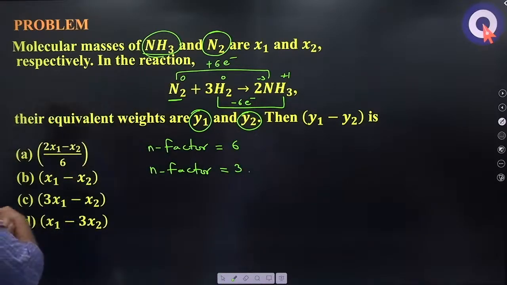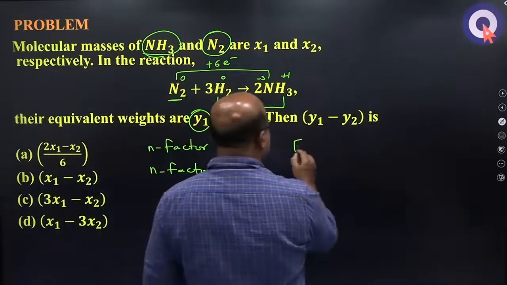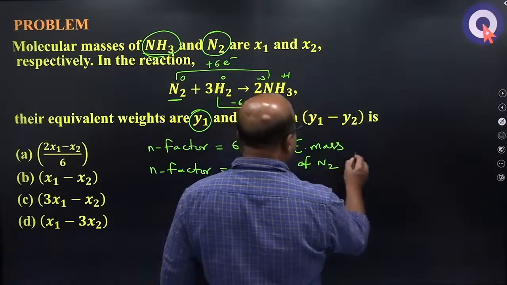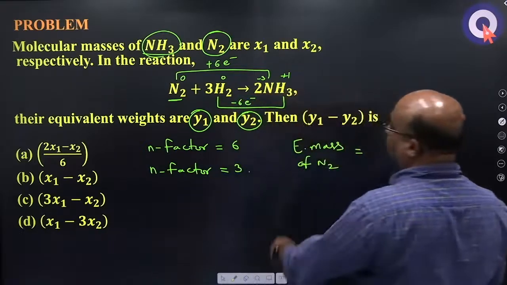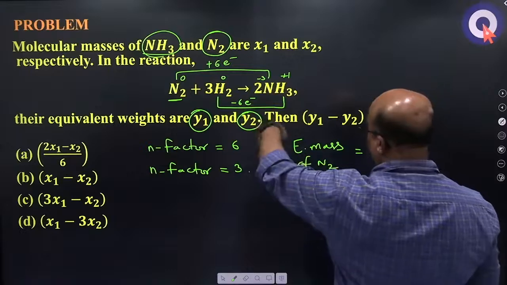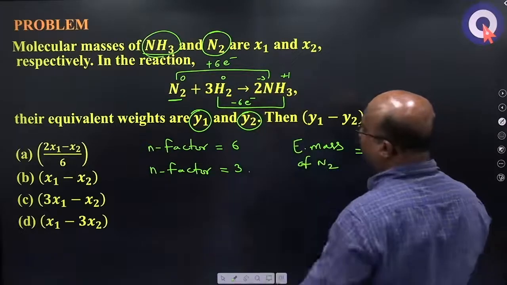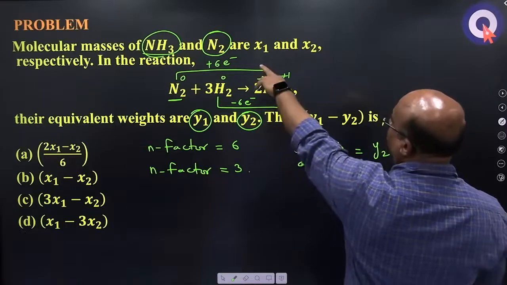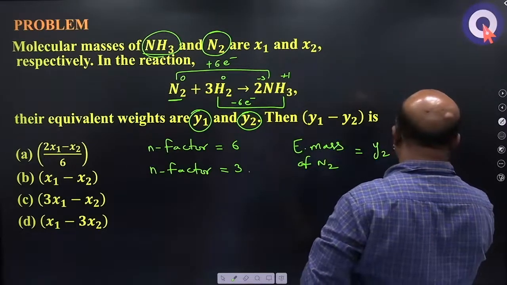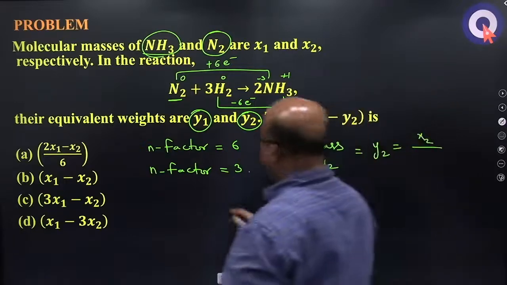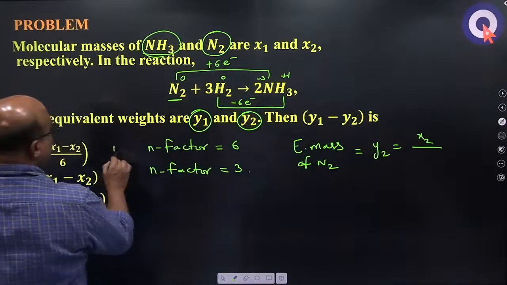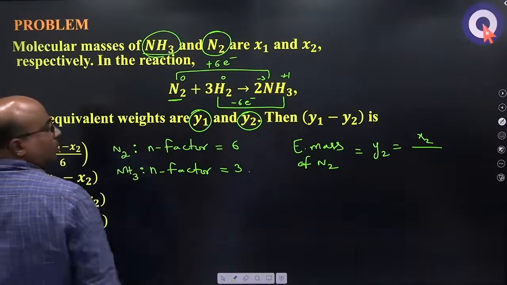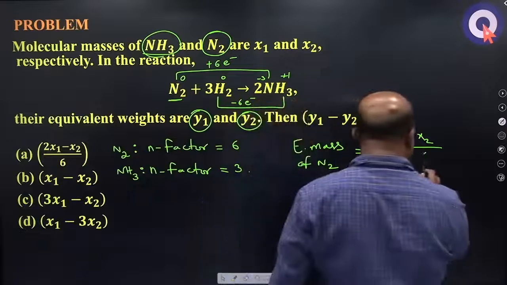The equivalent mass of nitrogen is Y2, and Y2 should be equal to the molecular mass of N2, that is X2, by the N factor of N2, which is nothing but 6.